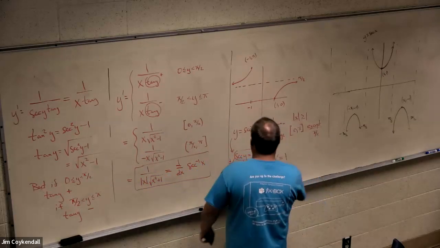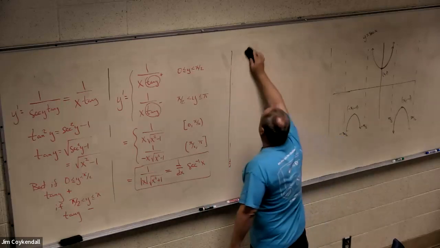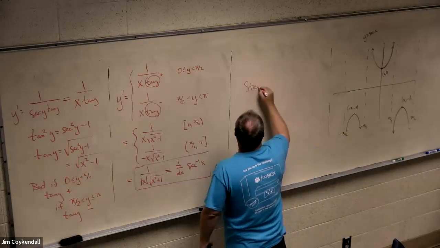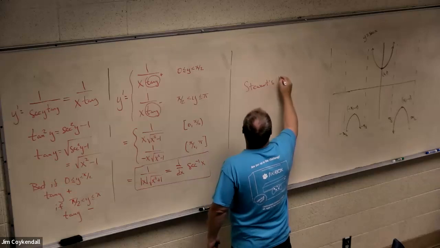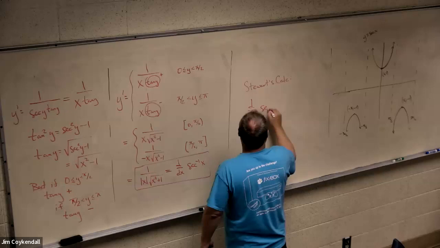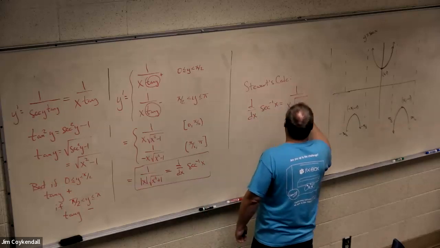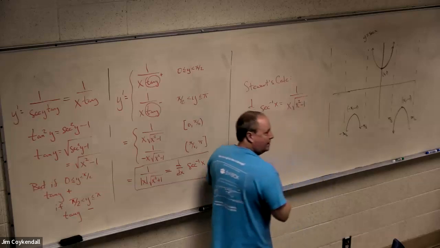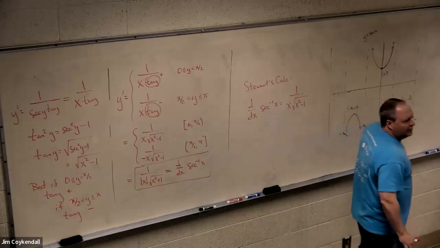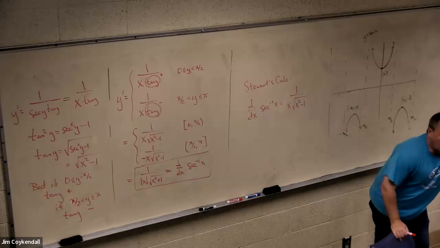In the calculus book that we used to use, the Stewart book, gives you a formula that doesn't have the absolute value. Is Stewart wrong?